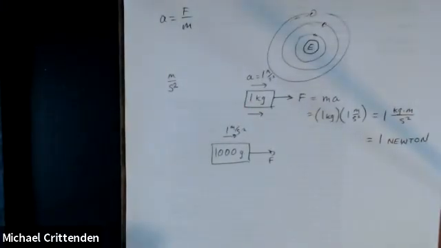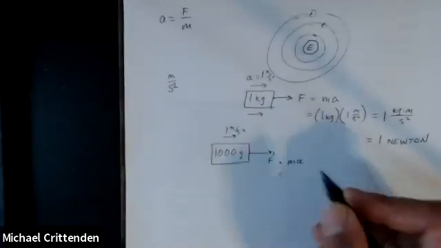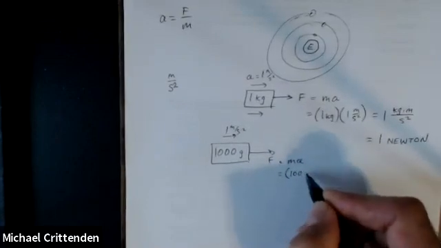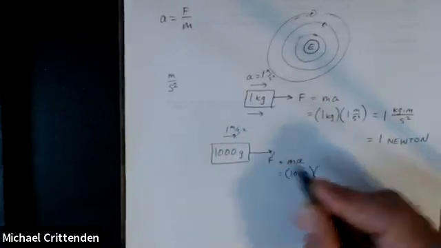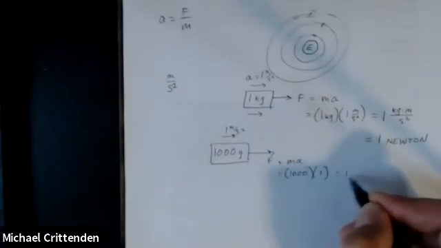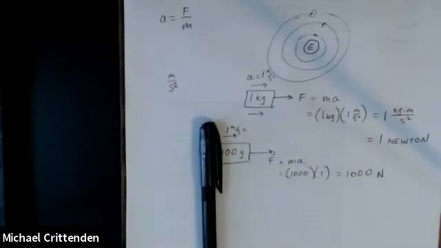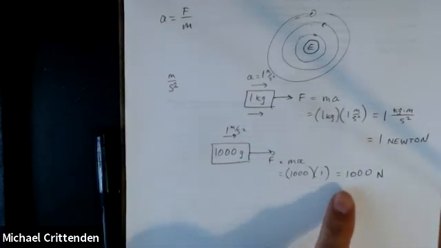And you said, oh, this is an easy one. F is equal to m times a. So 1,000 was the mass, and the acceleration is 1. And so that force is 1,000 newtons. No, it's 1 newton.